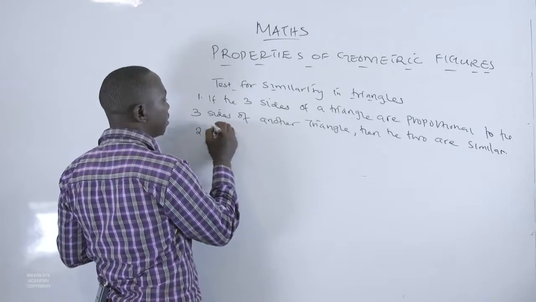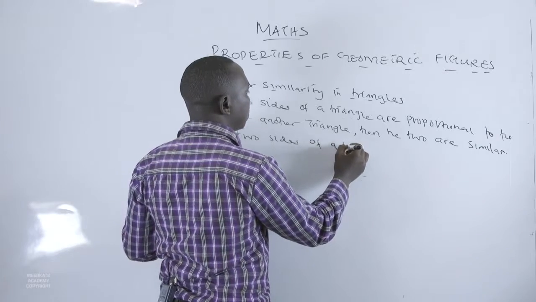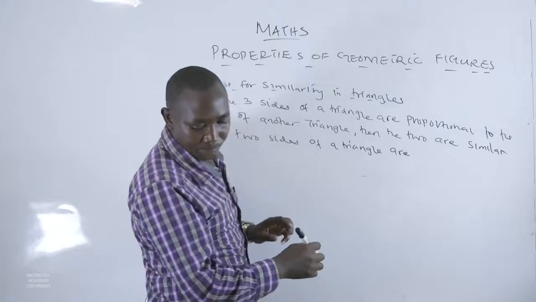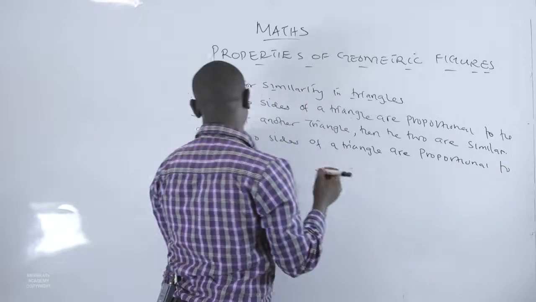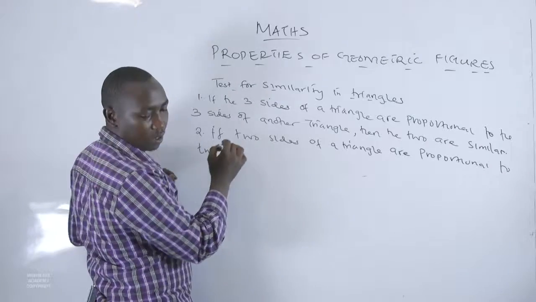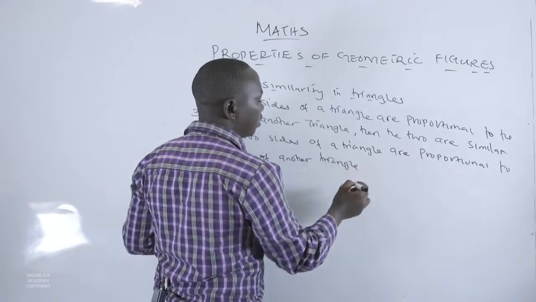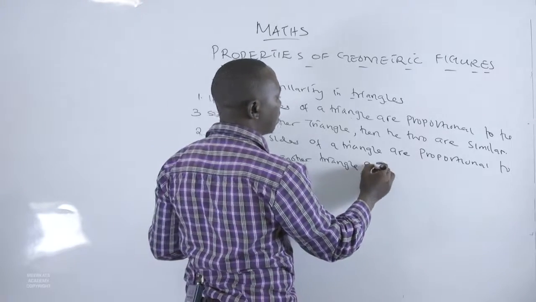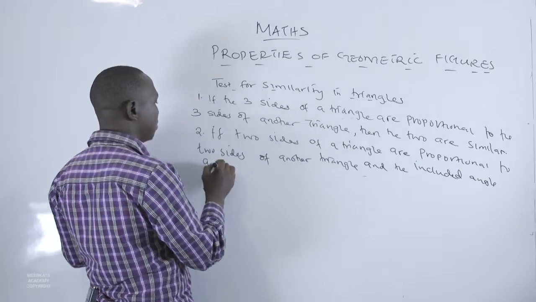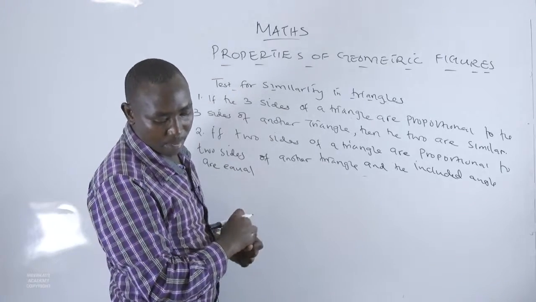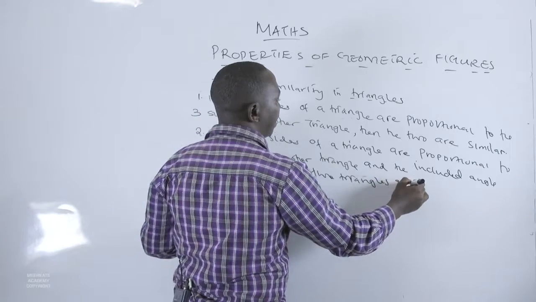So if two sides of a triangle are proportional to two sides of another triangle, and the included angles are equal, then the two triangles are said to be similar.